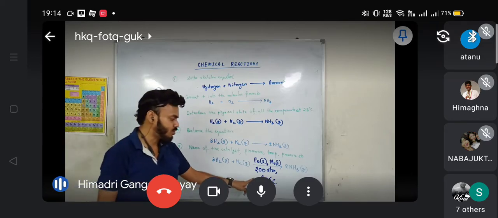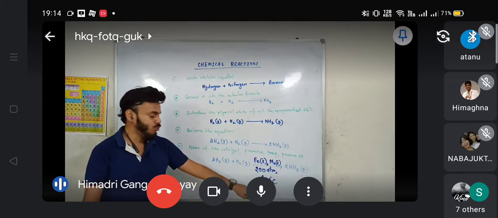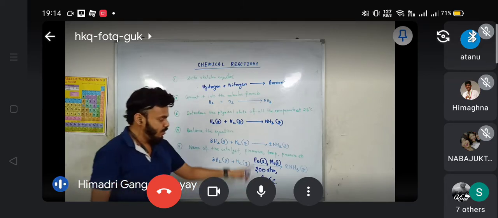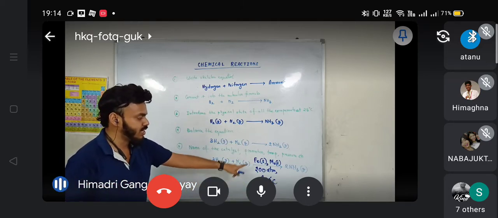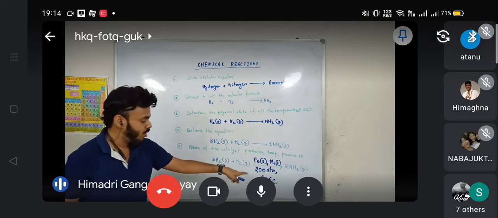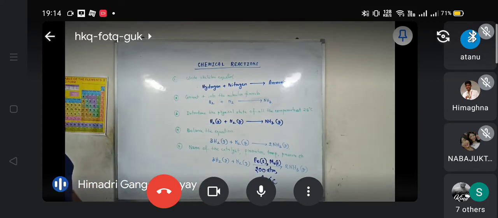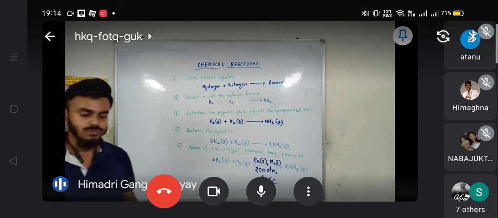That is near about. It may vary. In a few books it is written 500, in a few books it is written 550. But you have to mention the temperature, the pressure, the catalyst, and the name of the promoter, above and below the arrow. So this is the fundamental representation of a chemical reaction.